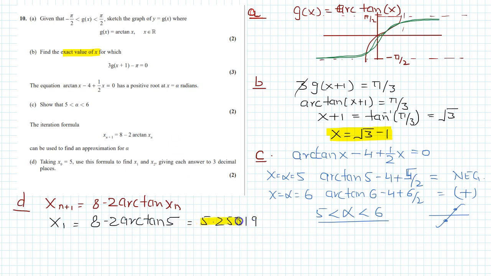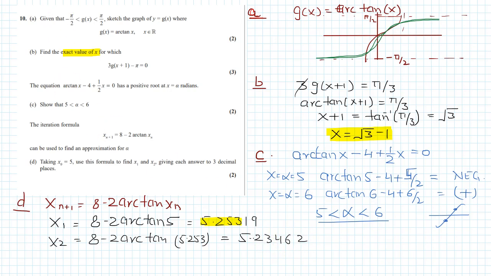And x2 will be 8 minus 2 arctan 5.253. So that is equal to 5.23462.